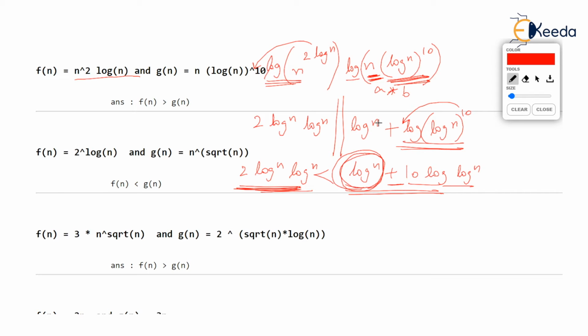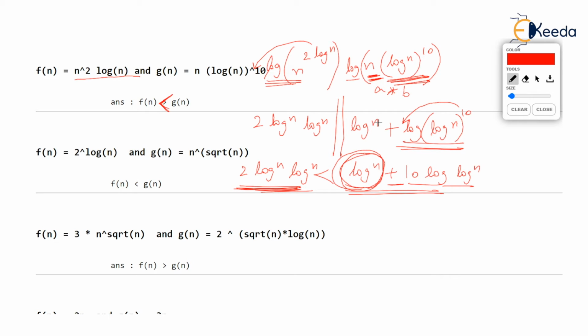So I hope you are understanding that definitely Fn is smaller than Gn, isn't it? So I think I wrote it wrong here. Answer is Fn is definitely smaller than Gn. I hope you are understanding this. Yes, everyone. So now let's see the next example.